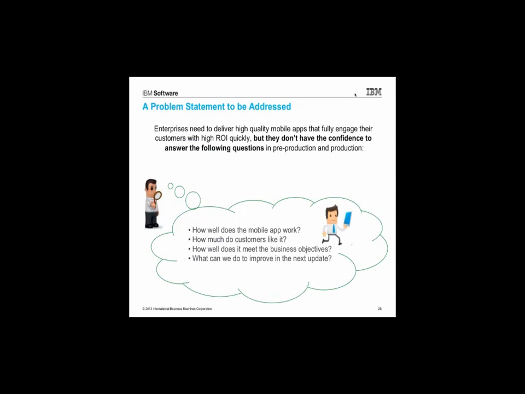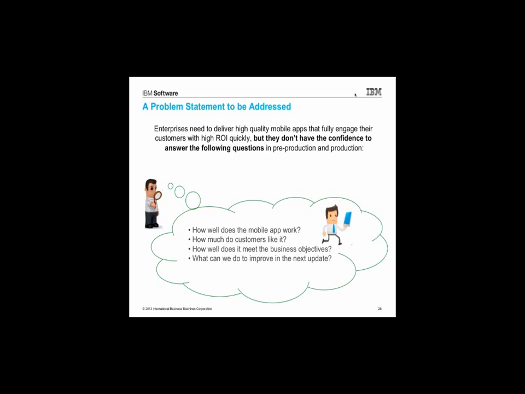Now, let's go back. We talked about automating some of the testing. We talked about virtualizing some of the back-end systems. And now let's talk about this whole concept of the perception of quality, because here's a problem statement that we see over and over again. A lot of people really want to develop and deliver these really high-quality mobile applications, but they don't have the confidence to answer some really basic questions.